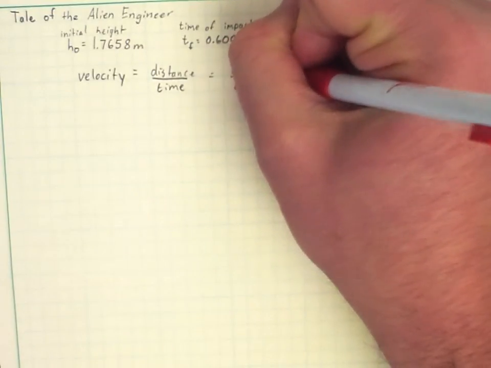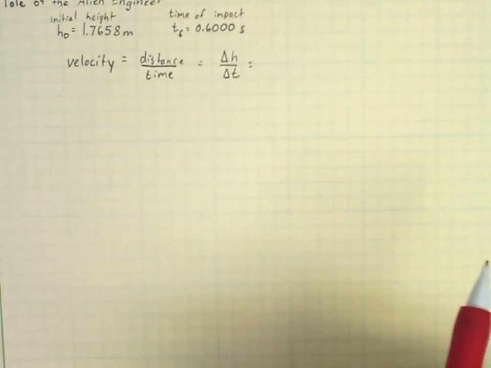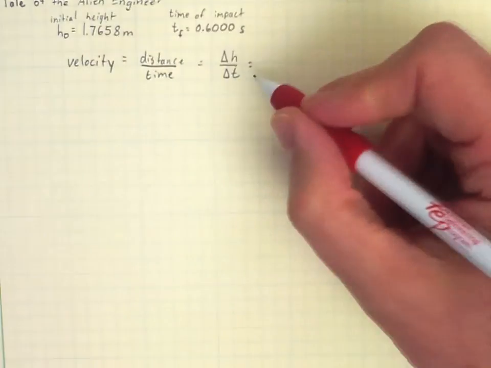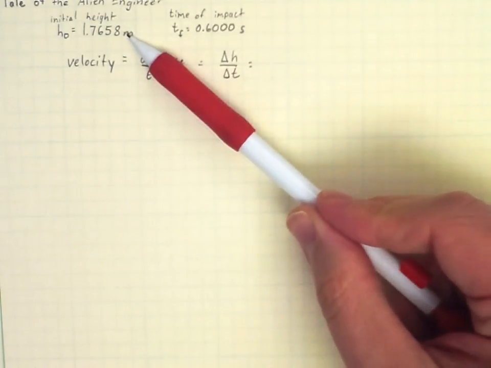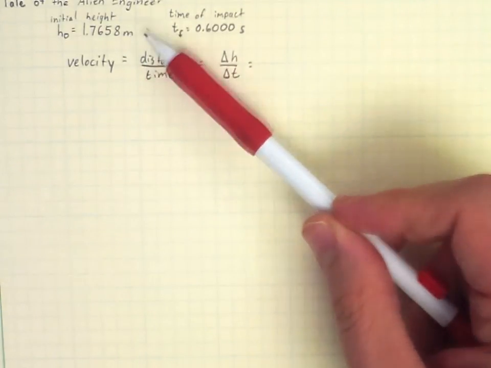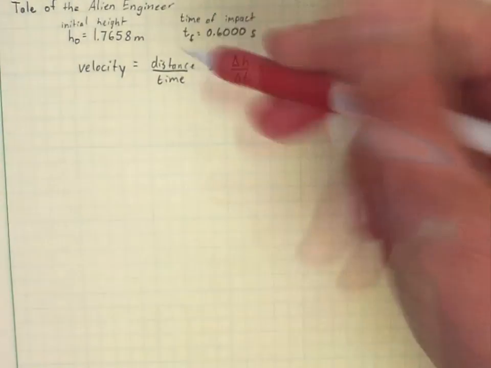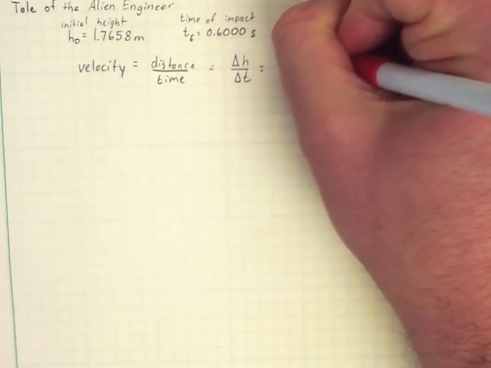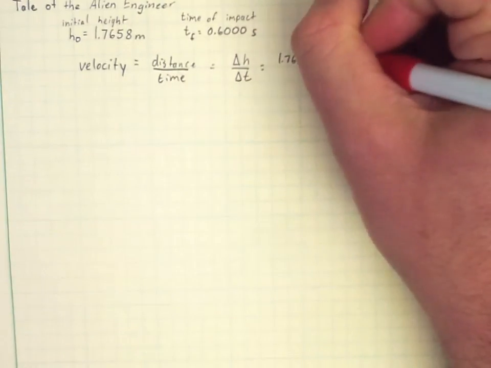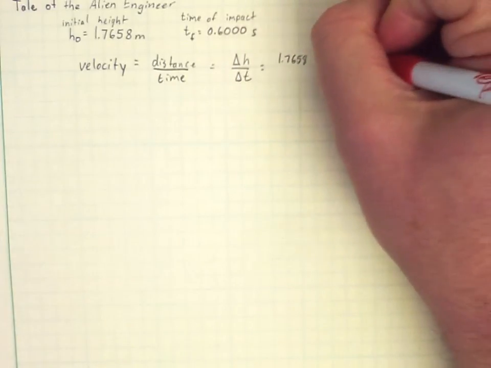And so the factors that we know here are that the ball dropped from a height of, it was at 1.7658 meters at the start, and it ended at a height of 0 meters.